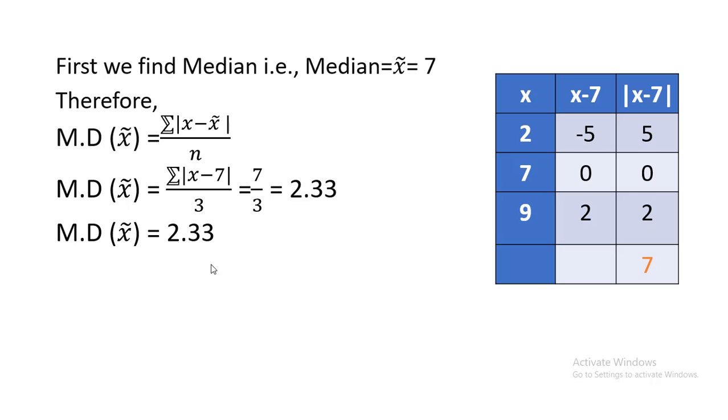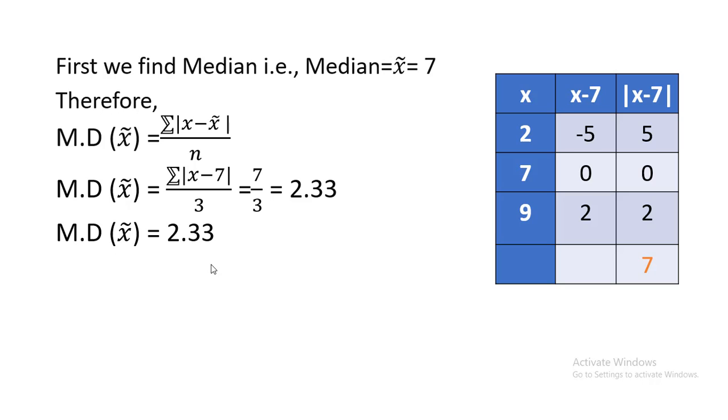If they ask us about mean absolute deviation about median, then we need to calculate median first. Then we take the difference of each observation from the mean or median. We then find its absolute value, add all the absolute values, and then place that final summation value in the formula to get the final answer.